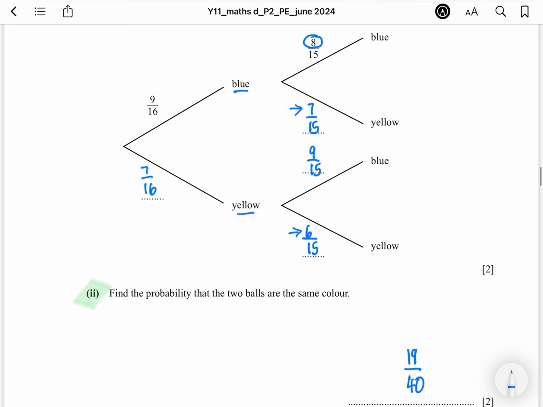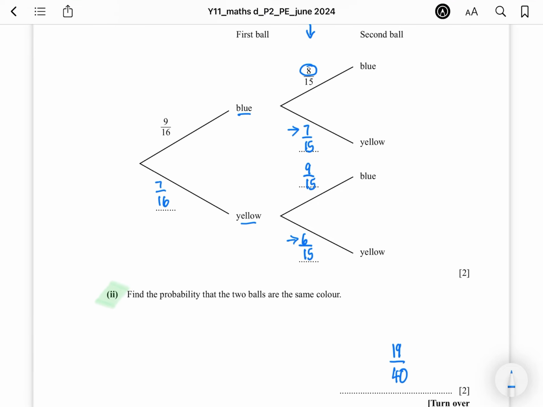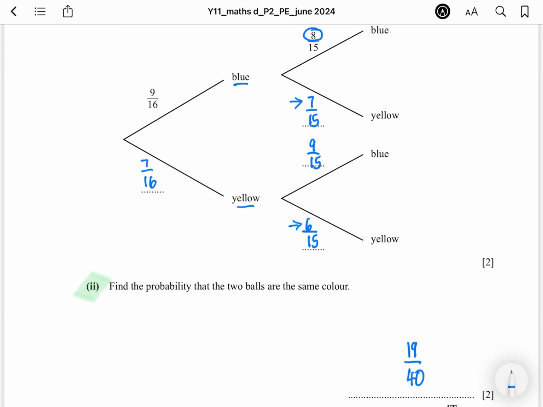So find the probability that the two balls are the same color. So we have probability of same color. We actually have two options. We have either the first pick is blue, second pick is blue, or the first pick is yellow, second pick is yellow.